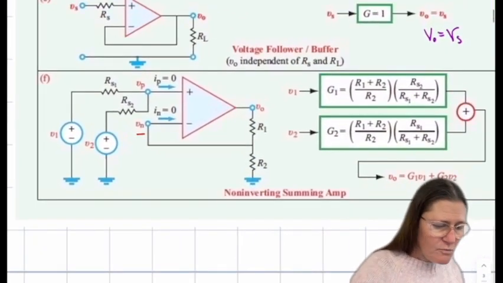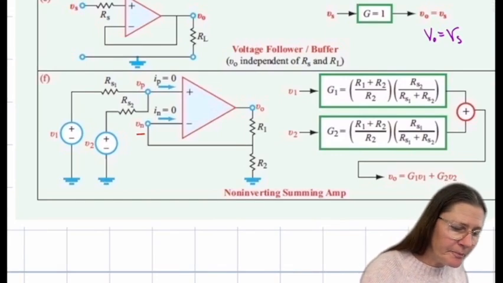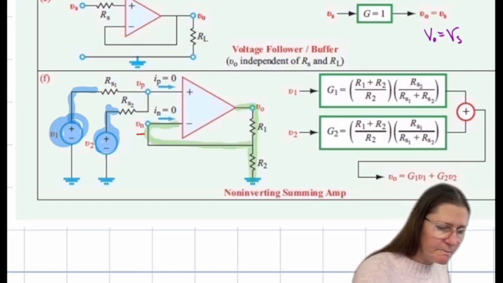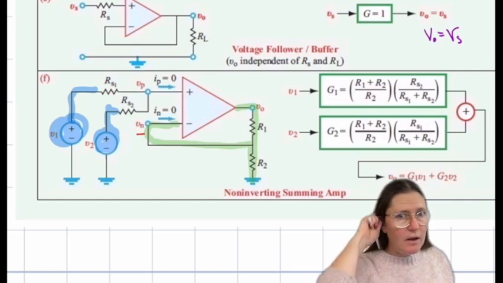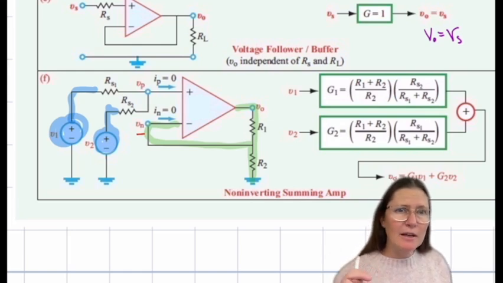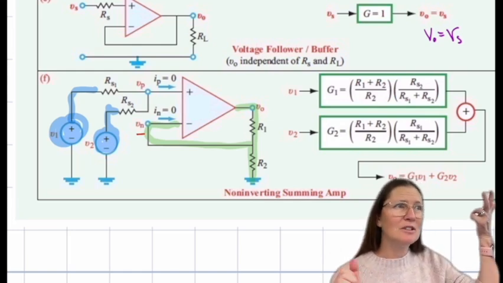Okay. On this one, this will be my source and this will be my source. And I do have feedback here. And so 2 sources with feedback. What are my 3 options?